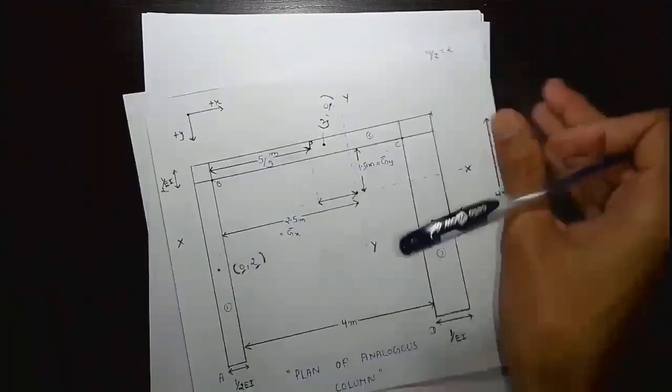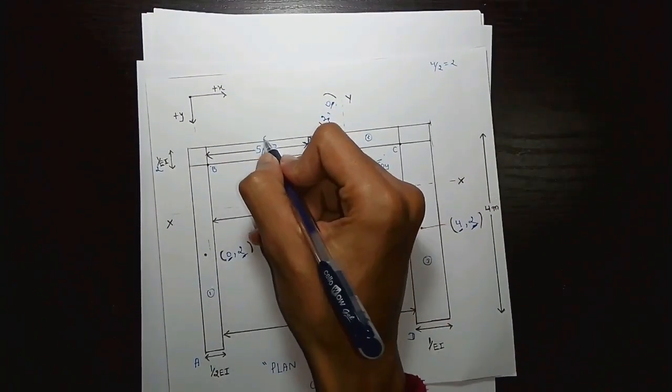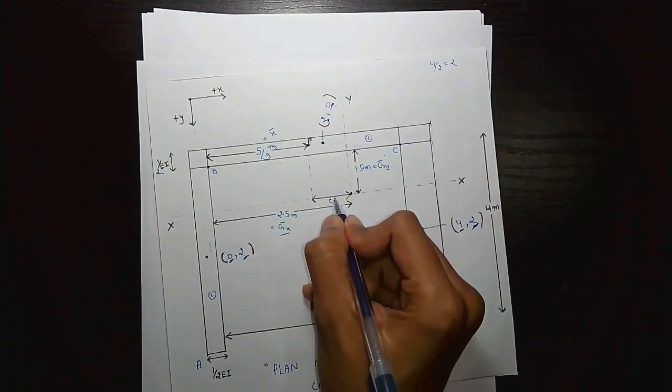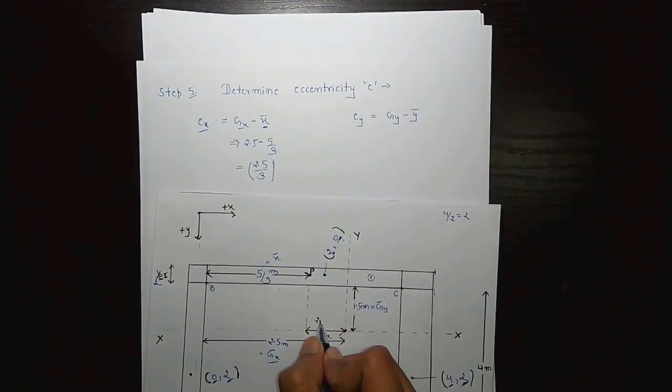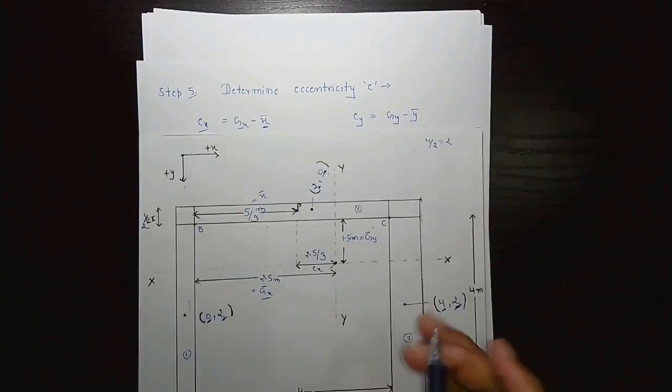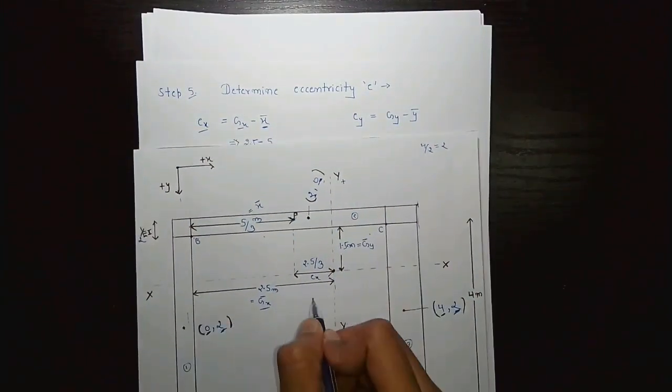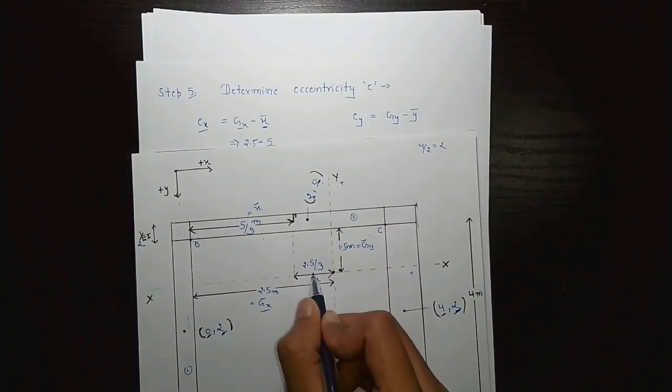Now from the plan of the analogous column, this is Gx bar, this is x bar, and this minus this is the eccentricity in x direction from the principal axis yy. It is 2.5 by 3, and because it is to the left of the yy axis, it will be negative.